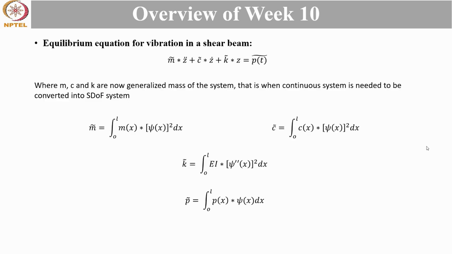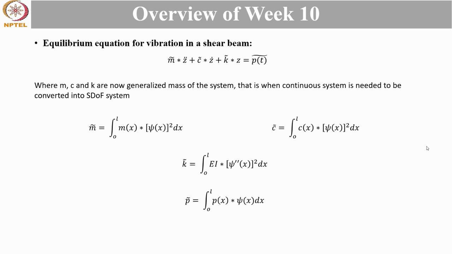Now, when we talk about vibration in a shear beam, the structure of the dynamic equilibrium equation is the same as that for single degree of freedom and multi degree of freedom systems, just the parameters change. Here we have generalized coefficients of mass, damping and stiffness. Now what do we mean by generalized coefficients?